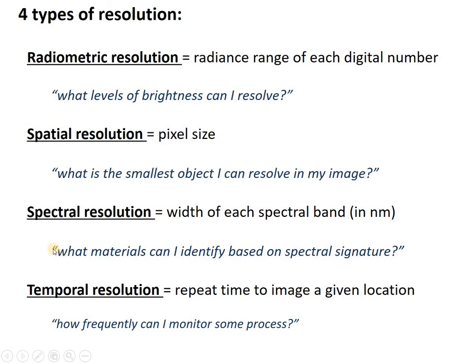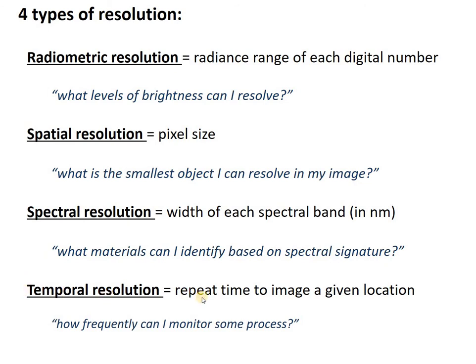And obviously, if you have smaller bandwidths, a more narrow range of nanometers, you can more easily discern materials that have similar spectral signatures. And then finally, we have temporal resolution.